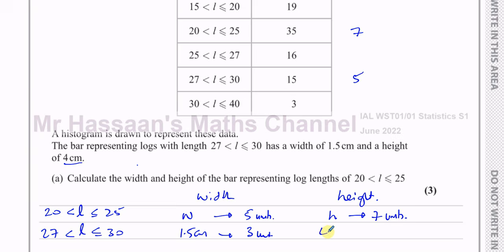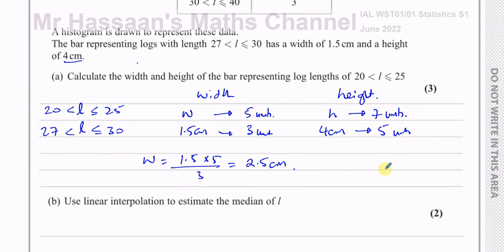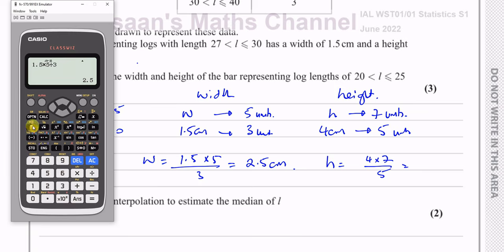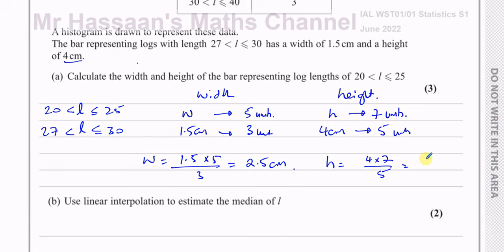So we see that 4 centimeters height is representing a frequency density of 5 units. So we can again use cross multiplication to find the height of this bar. It's going to be 4 times 7 divided by 5, which is 28 over 5, which is 5.6 centimeters.